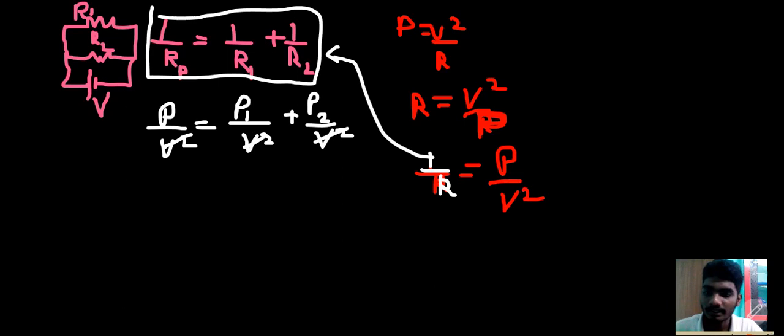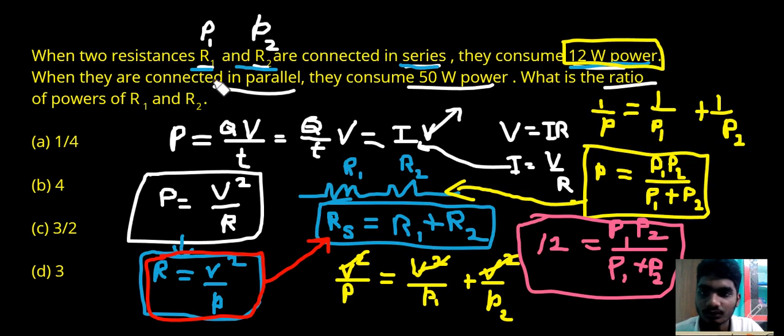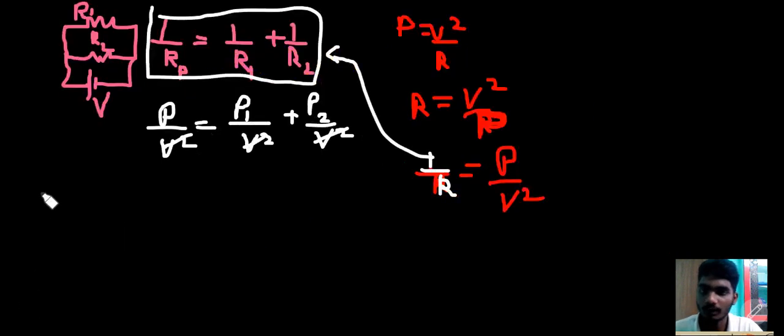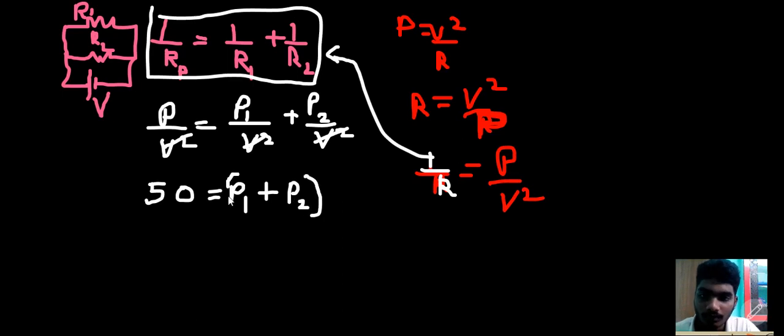The power consumed in parallel is going to be 50 watts. So 50 watts is equal to P1 plus P2. This is what parallel gives.